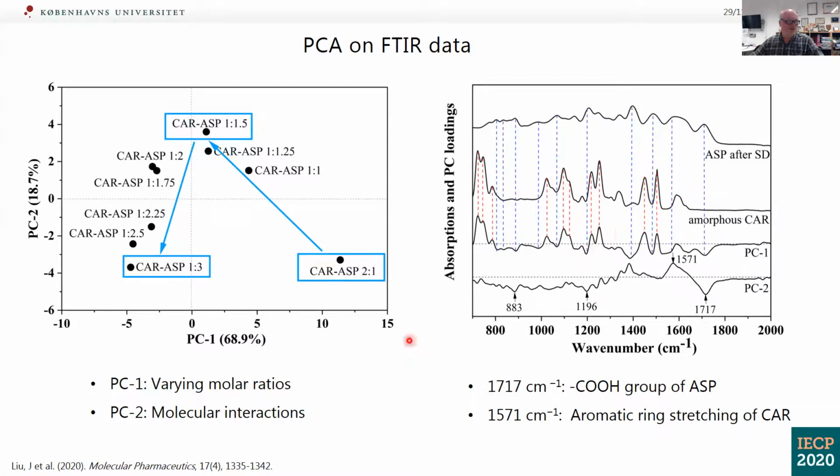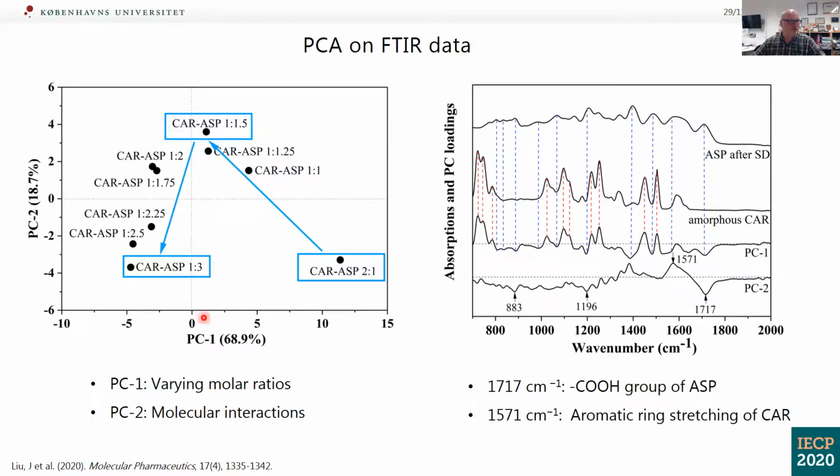So the first principal component separates the samples according to varying molar ratios of drug to co-former. But the second principal component has maxima that correspond to some group vibrations that might well be included in the interaction between the drug and the co-former, for example, the carboxylic acid group of the aspartic acid.